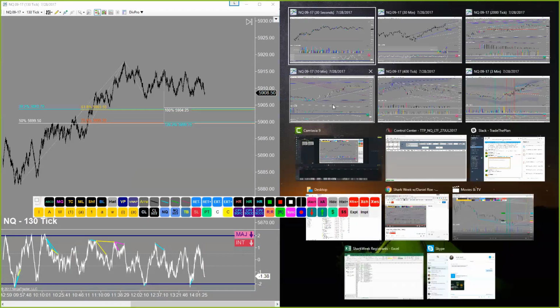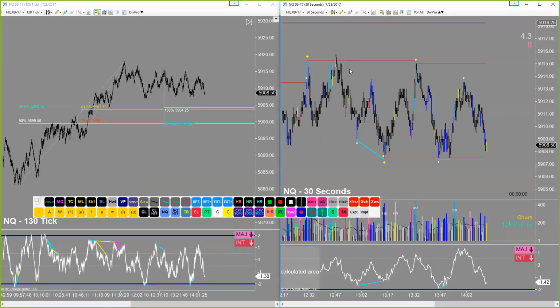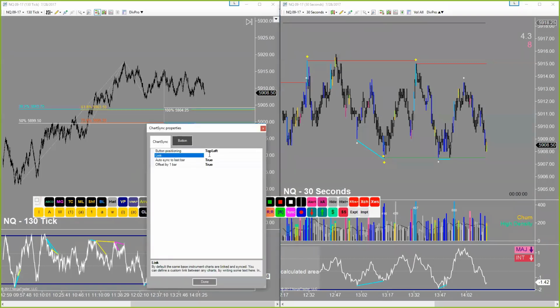What you can do is link multiple charts together of different instruments. You can put a little label here, so X, and I could link Nasdaq and ES and whatever set of charts I want, if I want to see how different instruments reacted relative to one another, for instance, like intermarket analysis.